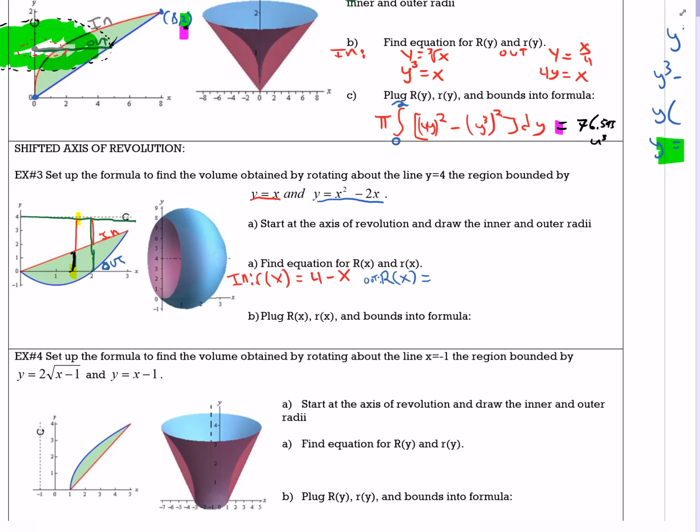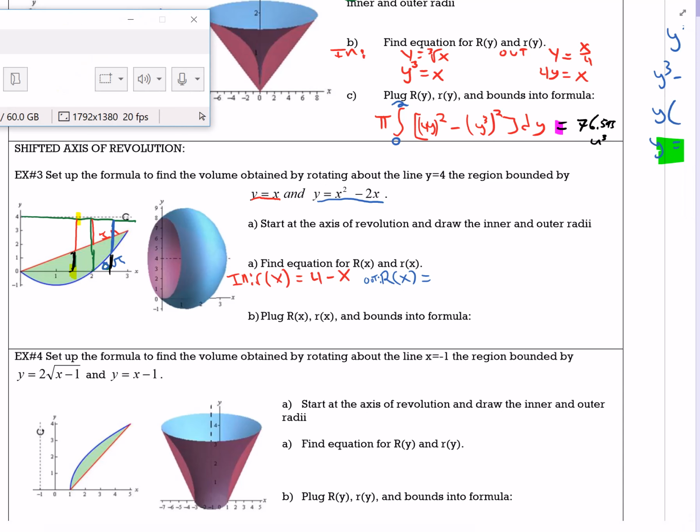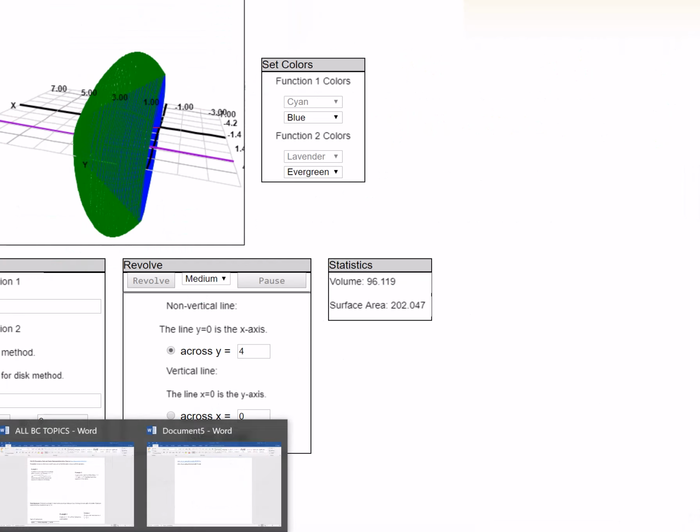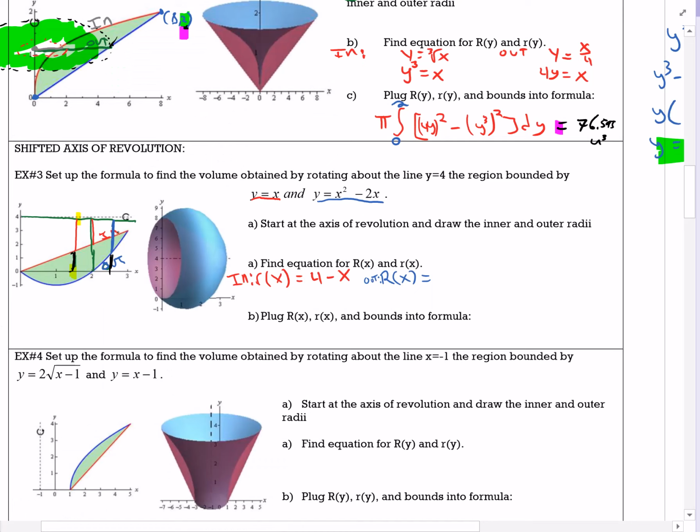I don't think I used the best location for this one, so let's use maybe this one over here. And that same thing happens where we're trying to find the blue piece here.